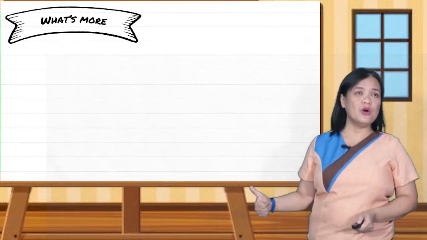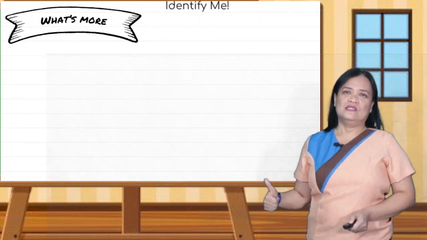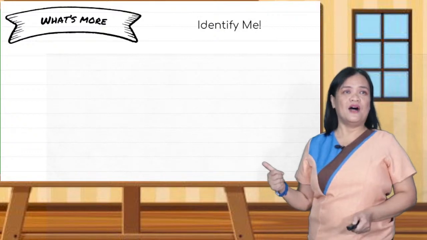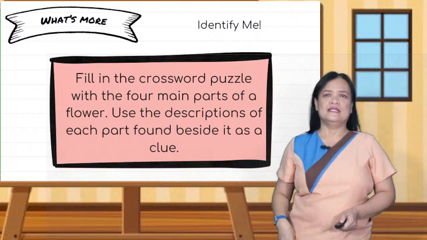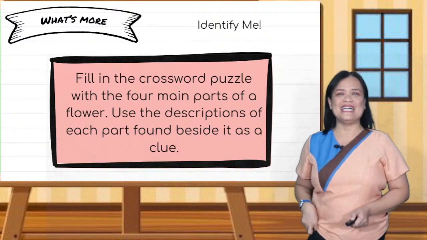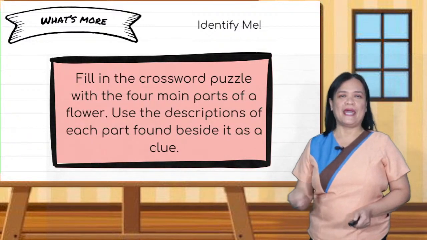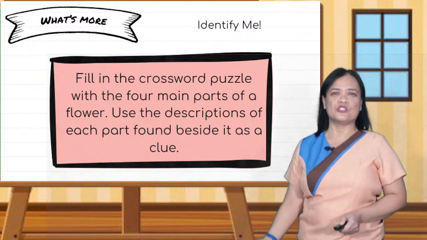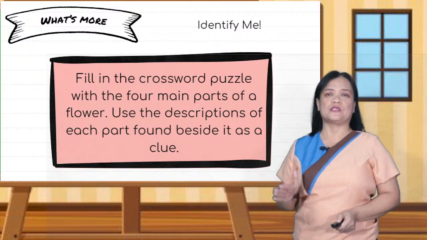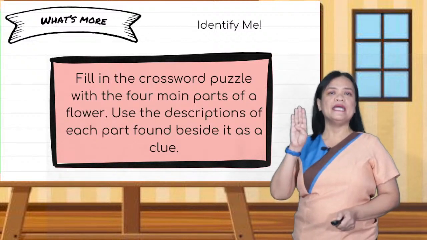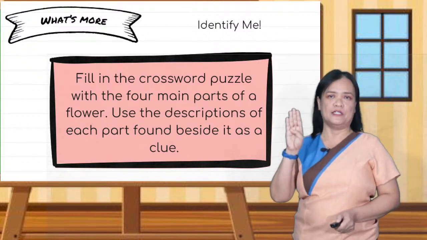So what's more, to give emphasis on our lesson for today, be ready, kids. Your pen and your paper there. Fill in the crossword puzzle with the 4 main parts of a flower.